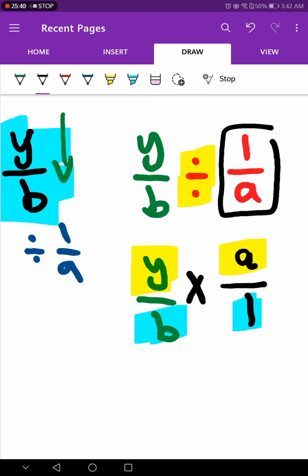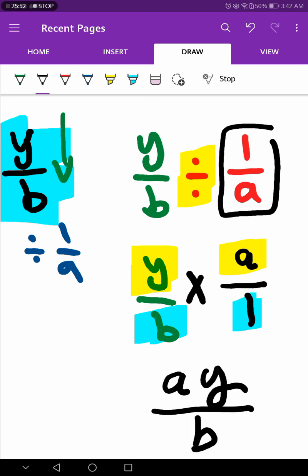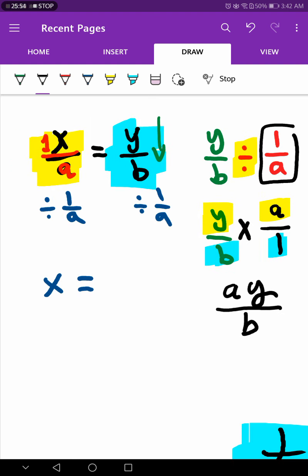So it will be Y multiplied by A equals AY, or you can say YA, it is up to you. B multiplied by 1 equals B. So X equals AY over B.